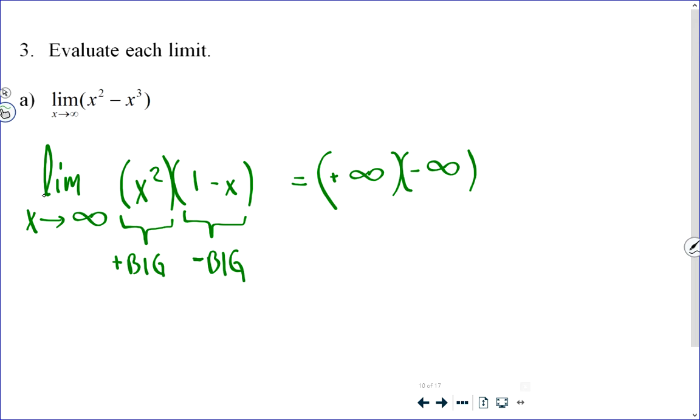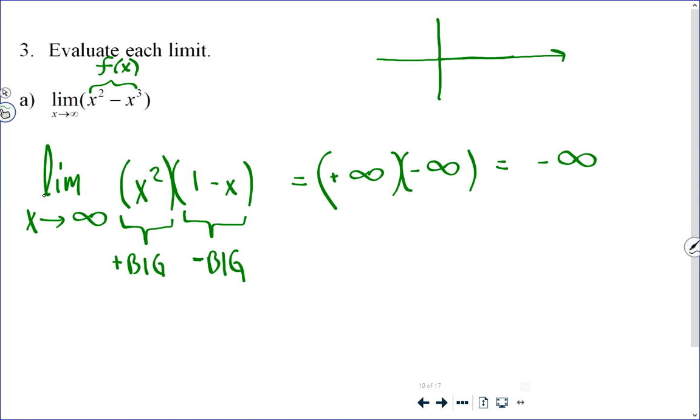You would put positive infinity and negative infinity. The bottom line is when I multiply a positive and a negative, I get a negative, and it's going to be infinitely large.